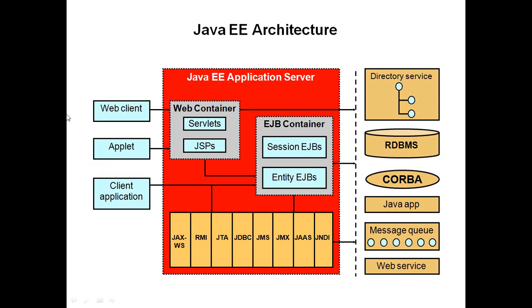When you work with web clients or applets, you touch your web container, because it's a web application, and the processing is done from the web container, which interacts with the EJB container for the business logic. So there is an interaction of containers. In the background you have other containers, like the HTTP container, maintained in your application server as default containers.